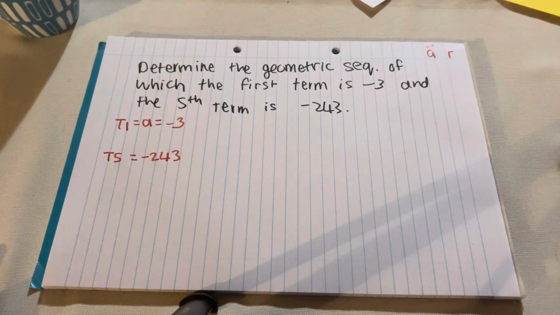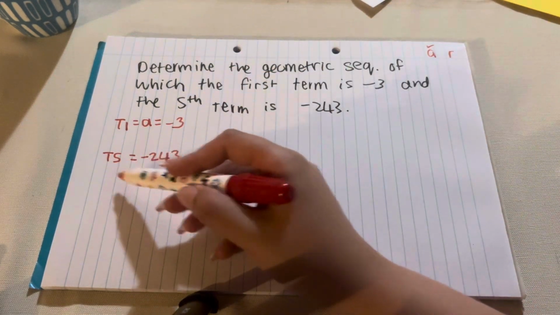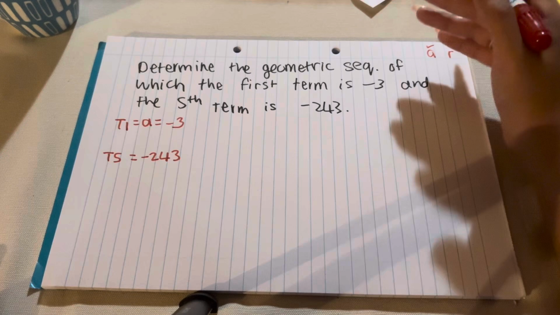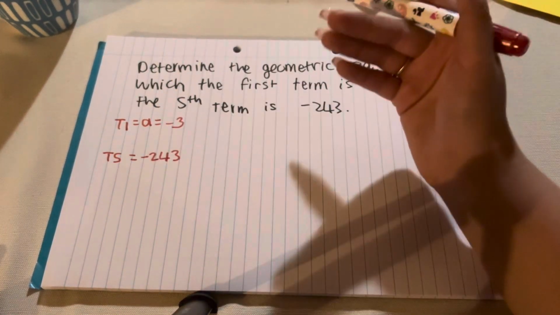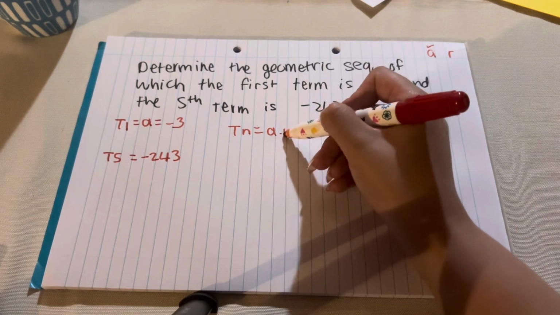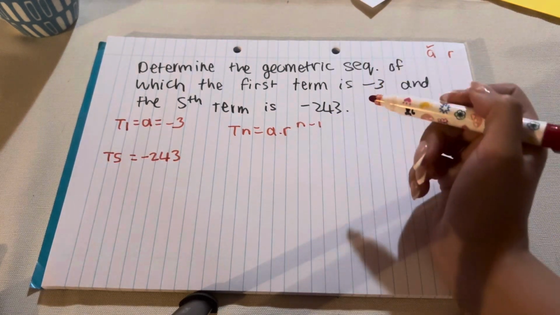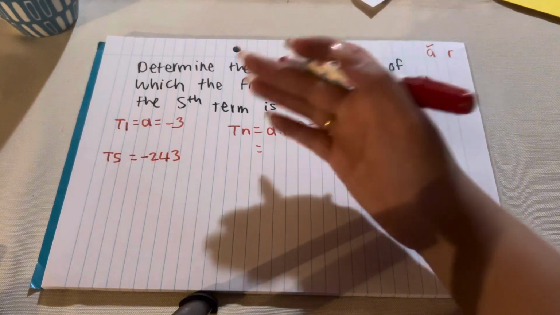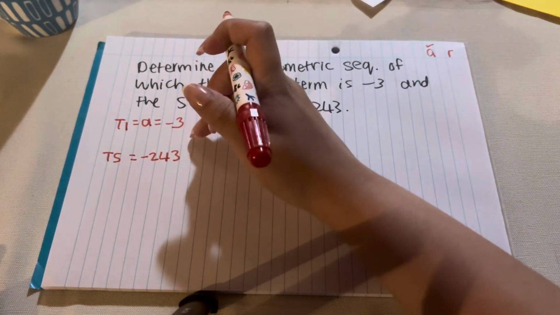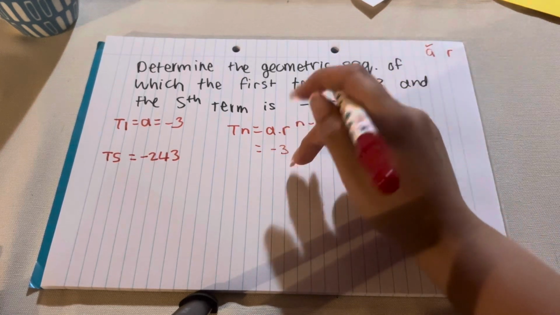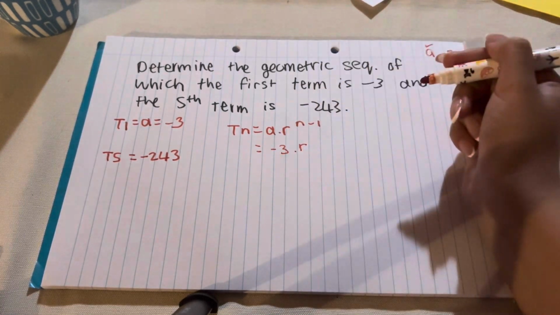So I have A, now I need to try to figure out R. So I'm going to take this term 5 and apply it to my geometric sequence formula. So Tn is equal to A times R to the power of n minus 1. Now, my A value is constant throughout this because it's always going to be the first term. So that's -3. My ratio value, I don't know.